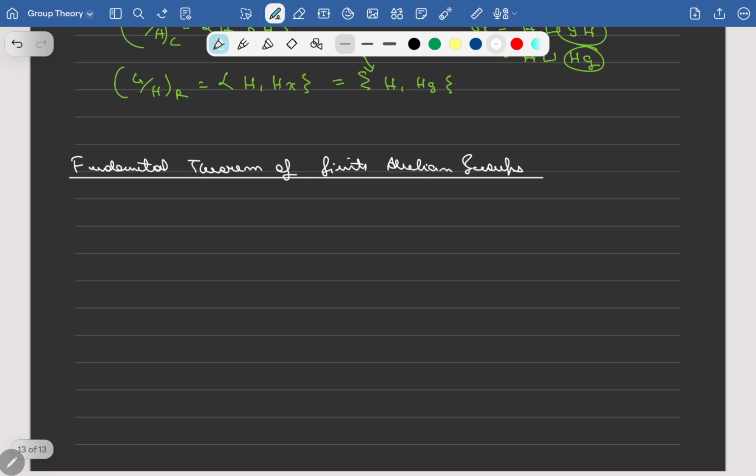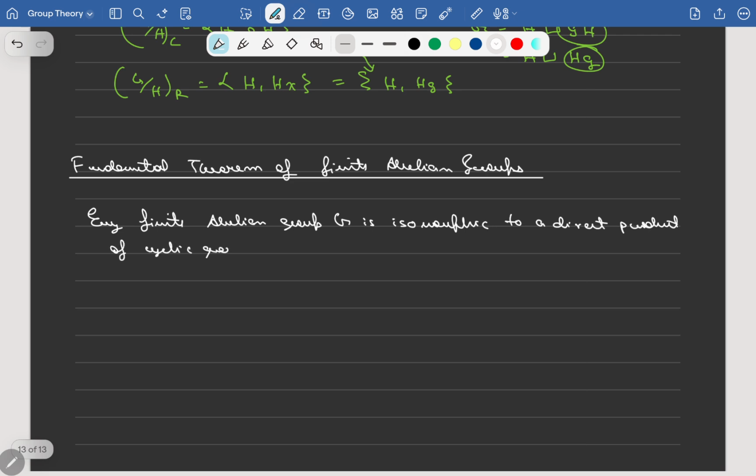And this says the following, that every finite abelian group G is isomorphic to a direct product of cyclic groups of prime power order.